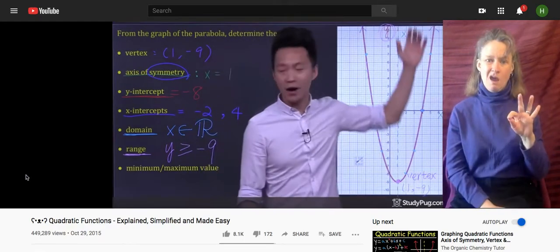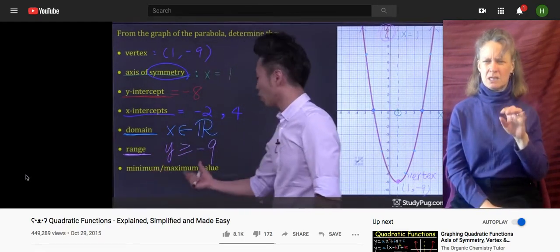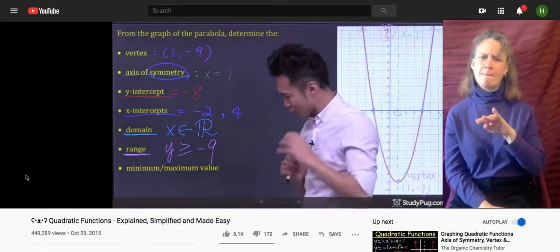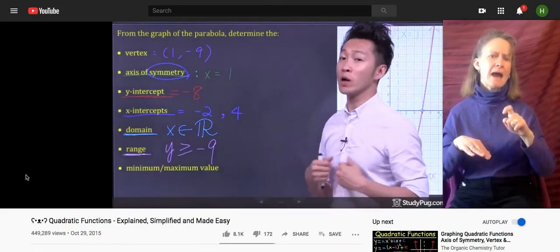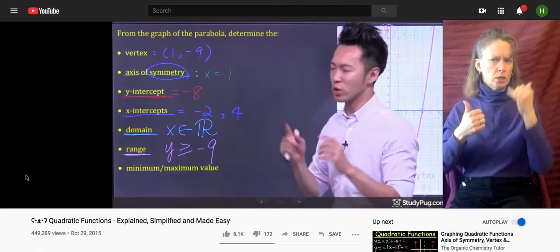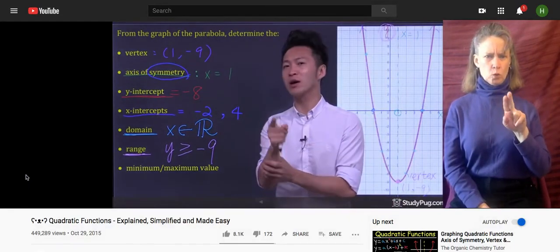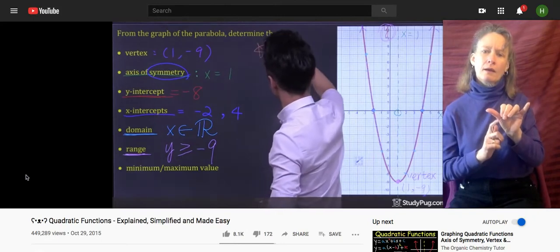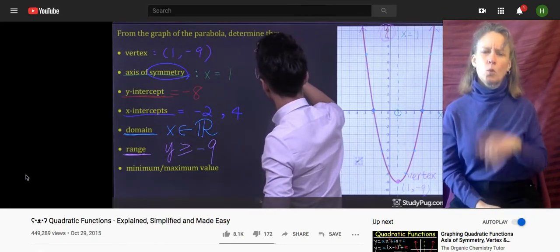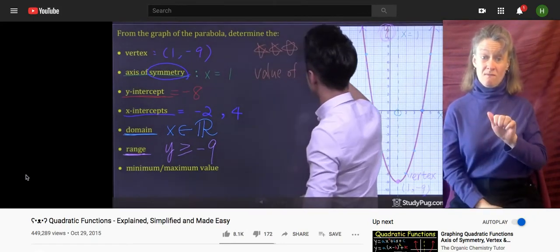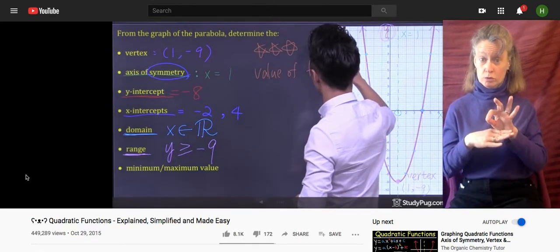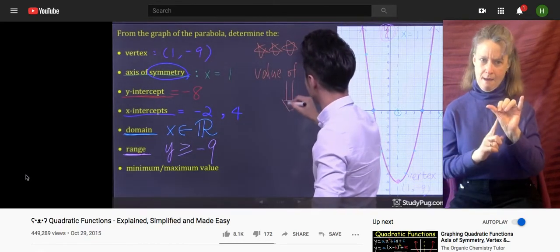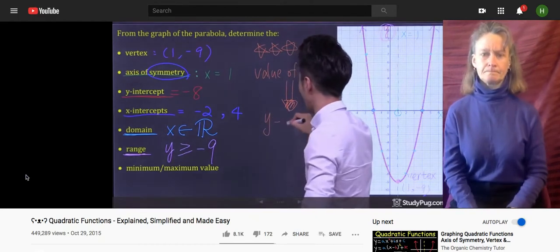Does this parabola have a minimum value or a maximum value? Well, first of all, in math, whenever we talk about the value of a function, we are always referring to the y value. Remember that. Value of a function always refers to the y value.